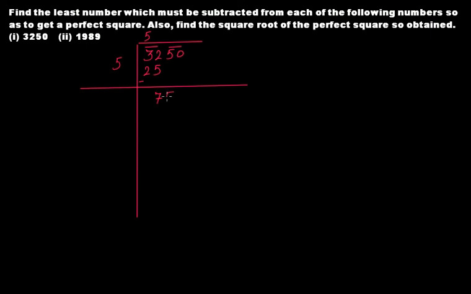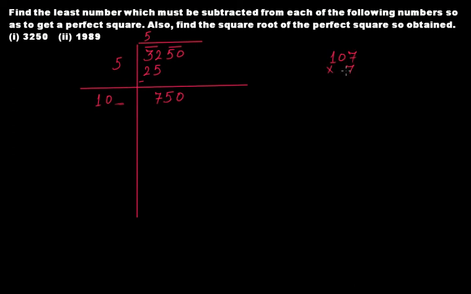Now write 50 here. 2 times 5 is 10. Now this is 10 and this is 750, a blank space here. So what digit should we put here? Take here 7.